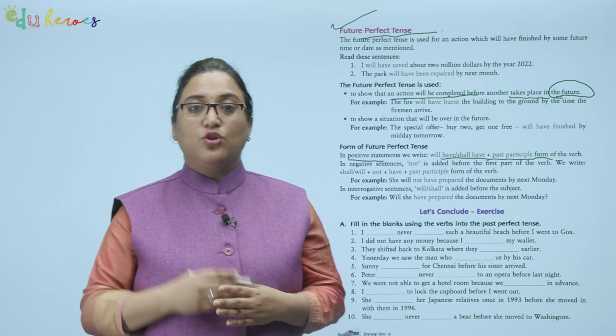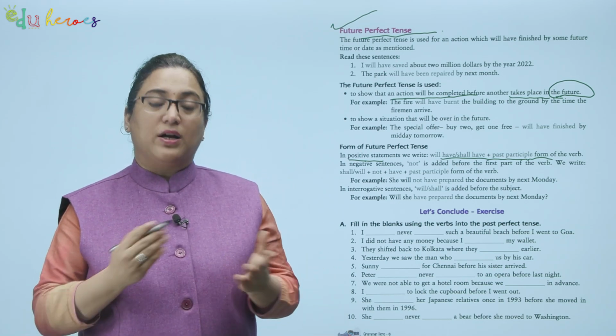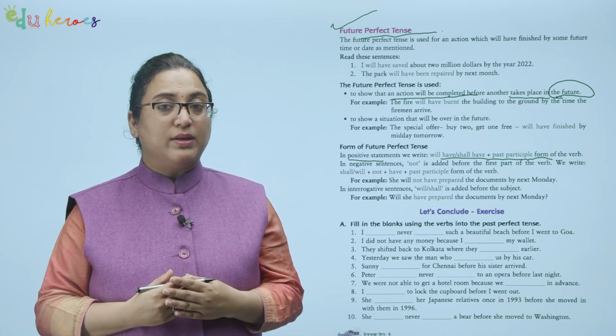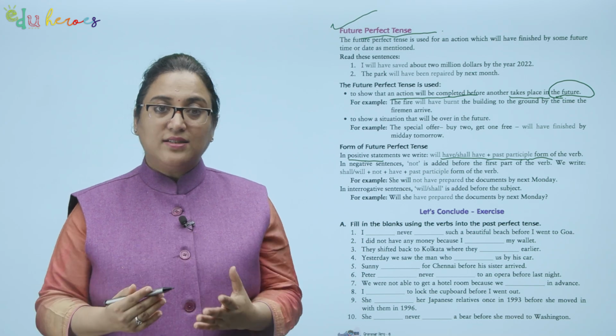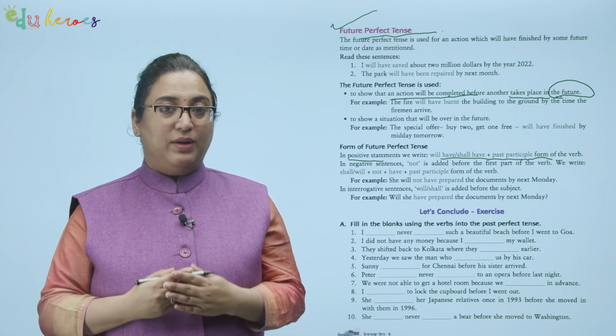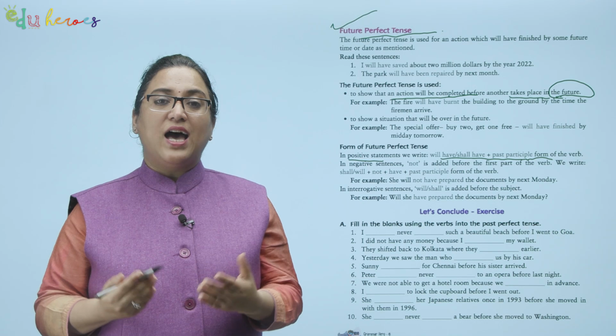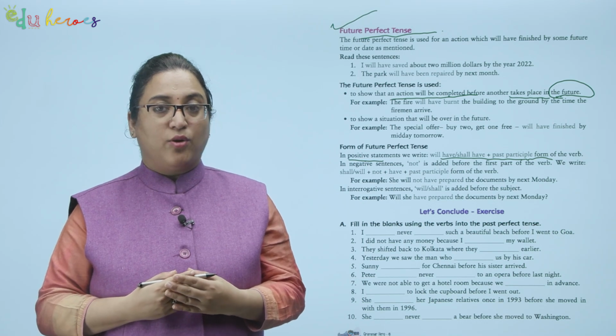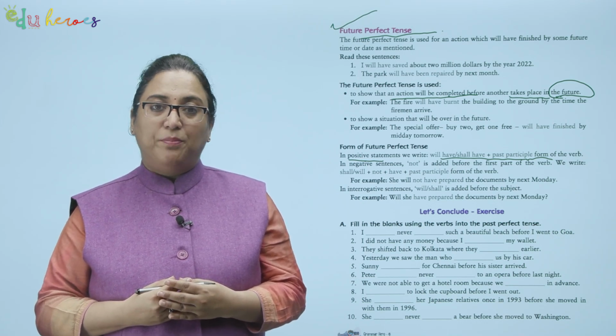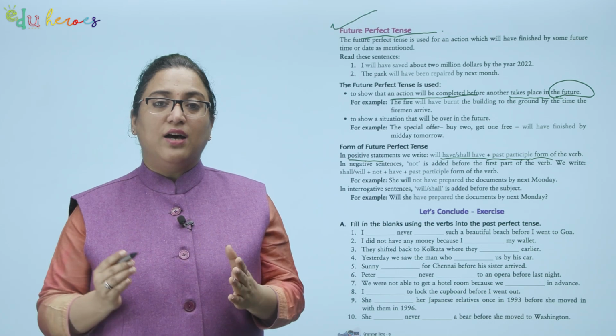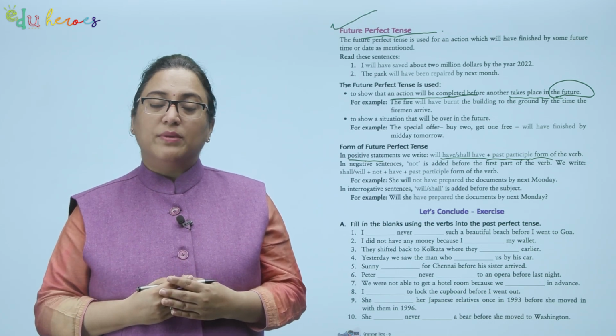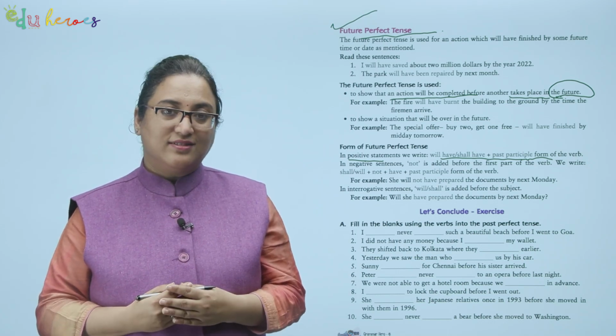Whereas in negative, not is added after the first part of the verb. More or less other things remain same. And then we write shall or will plus not plus have plus past participle form of the verb. For example, she will not have prepared the documents by next Monday.